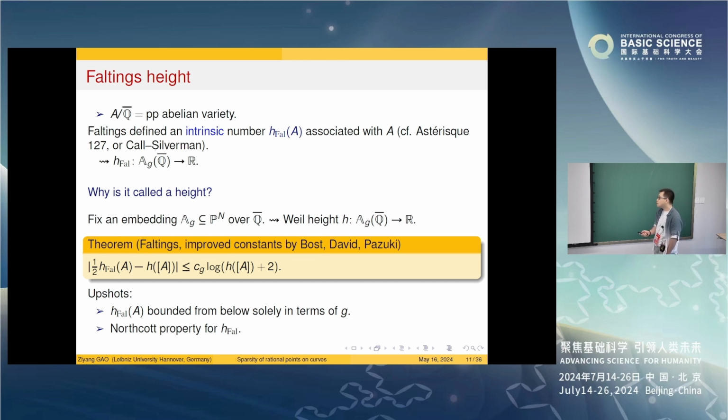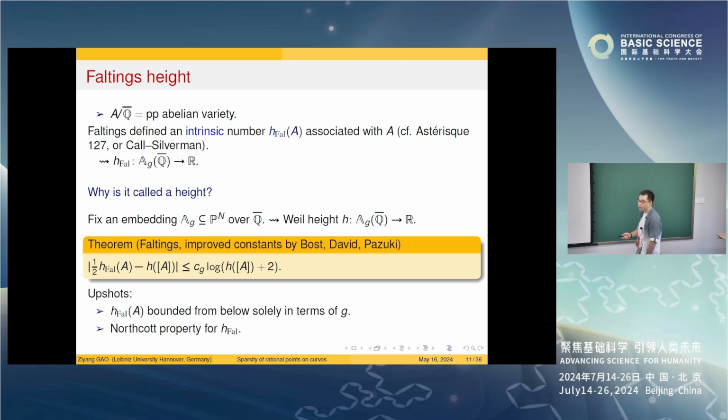And then why is it called a height? Well, we need to check the two properties, bounded from below and Northcott. And Faltings proved this by comparing this Faltings height and the logarithmic Weil height, or any suitable logarithmic Weil height on the moduli space. In the end, he proved that the Faltings height and the logarithmic Weil height differ only by something of log size, because the singularity is a log.